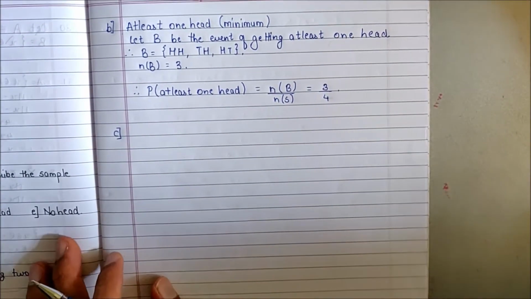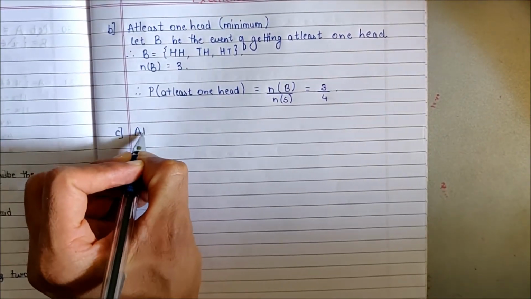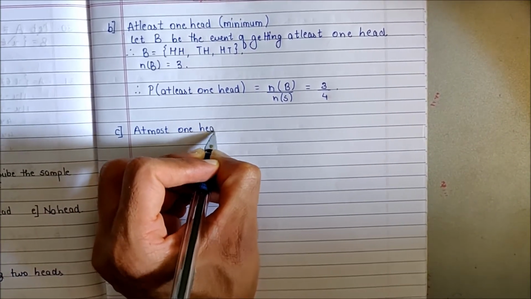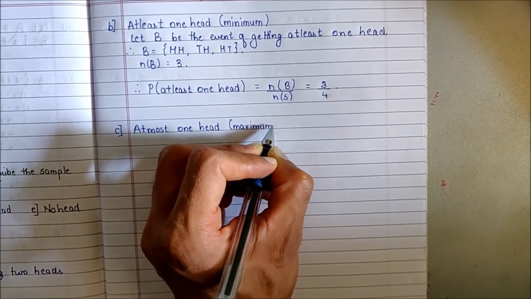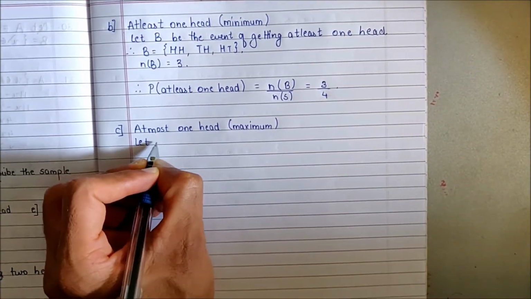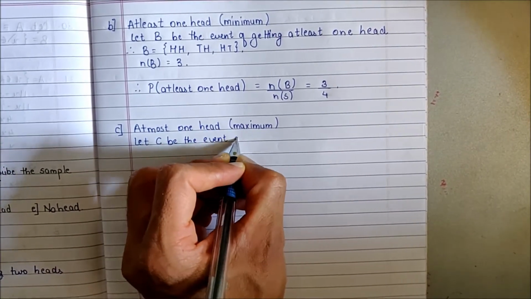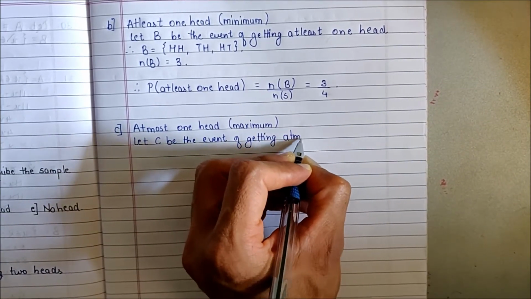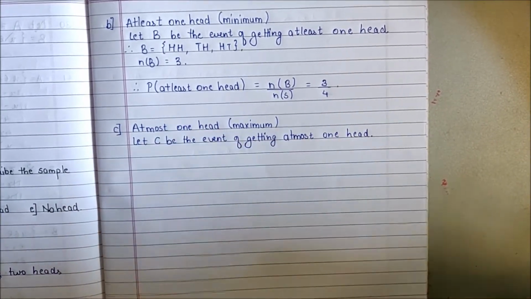In part C, they have asked you to find at most one head. At most means you keep in mind the word maximum. So in your event there should be maximum one head. Let C be the event of getting at most one head.